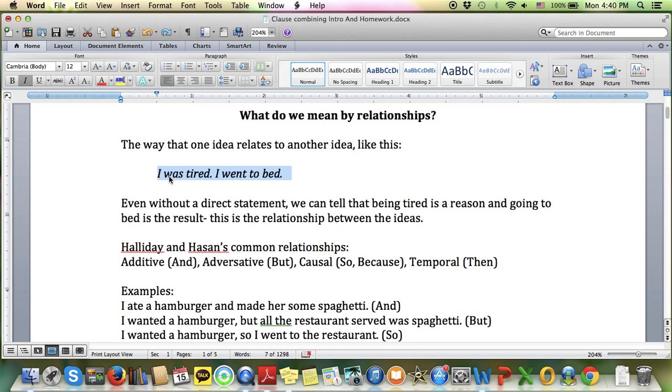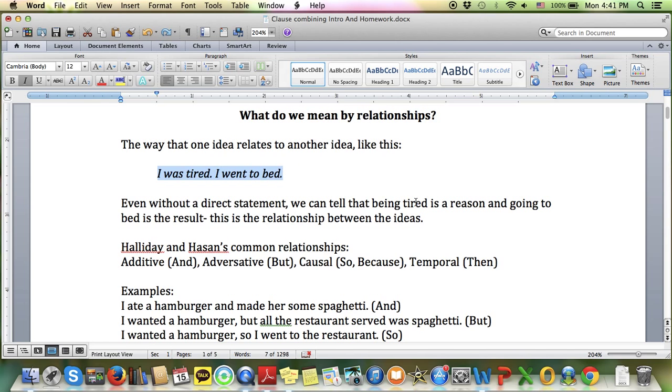So here we go. I was tired. I went to bed. You can even imagine somebody from maybe like the East Coast saying, I was tired, I went to bed, where they don't show you how the two ideas are connected, but in your mind it's pretty clear that this is the cause and this is the result.